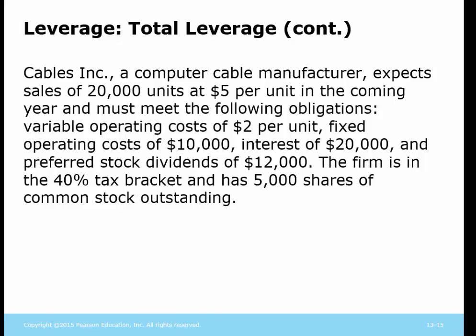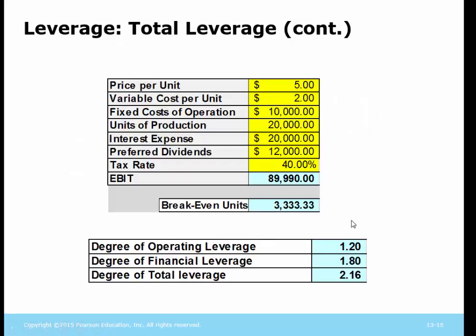So here, let's look at a combined problem, if you will. We have a manufacturer. They have 20,000 units in sales. $5 per unit is what they sell it for. Variable costs are $2. Fixed costs are $10,000. They have interest of $20,000. Preferred stock of $12,000. The company's in a 40% tax bracket, and they have 5,000 shares of common stock. So how can we input this? Well, you input the data.